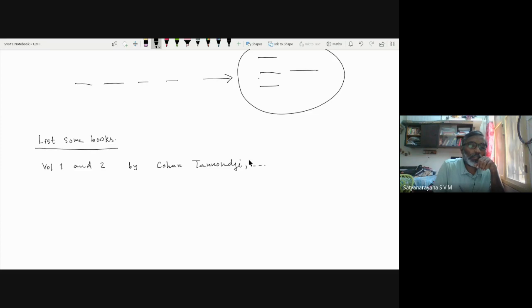And then there is a book by Weinberg. Okay, so Lectures on Quantum Mechanics by Steven Weinberg. Okay, and there is an old classic book by Stephen Gasiorowicz.